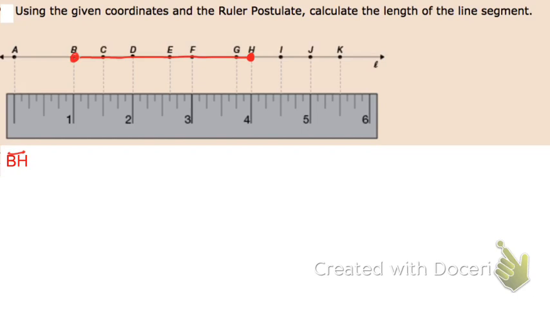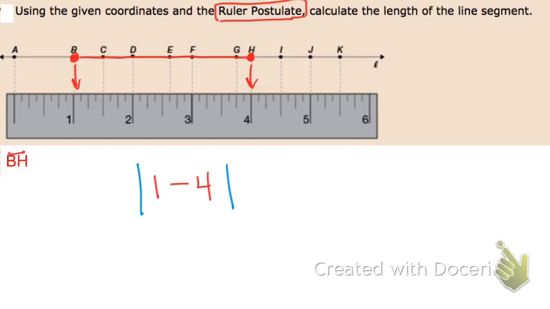then you can use the ruler postulate. What the ruler postulate says is that you take the absolute value of the difference between the 2 points. Here point B is 1, you see on the ruler, and point H is 4.